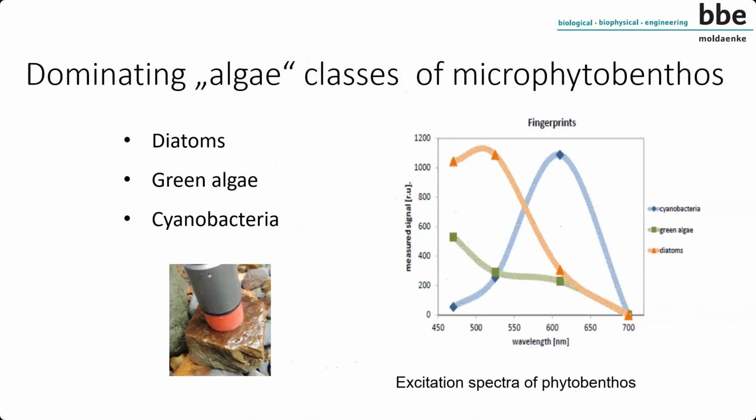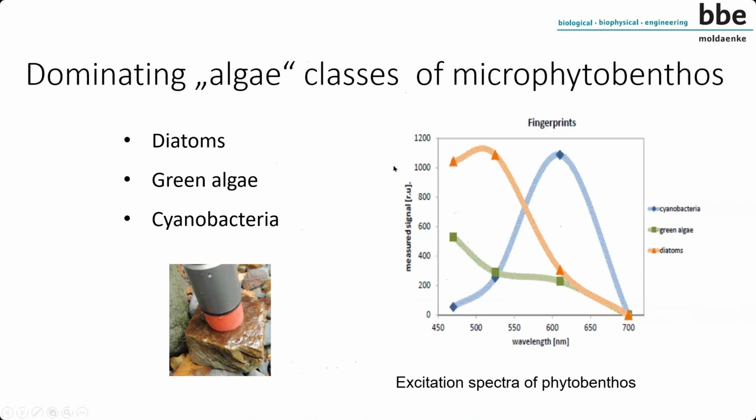We have the 3 dominating algae classes, which can be measured by the BenthoTorch. These are the diatoms, the brown algae types, the green algae, and the other type of Microphytobenthos, the cyanobacteria. And what we have here is the so-called excitation spectra. We have different light sources, as you could see in the picture before, and we excite the photosystems with this light at different light sources.